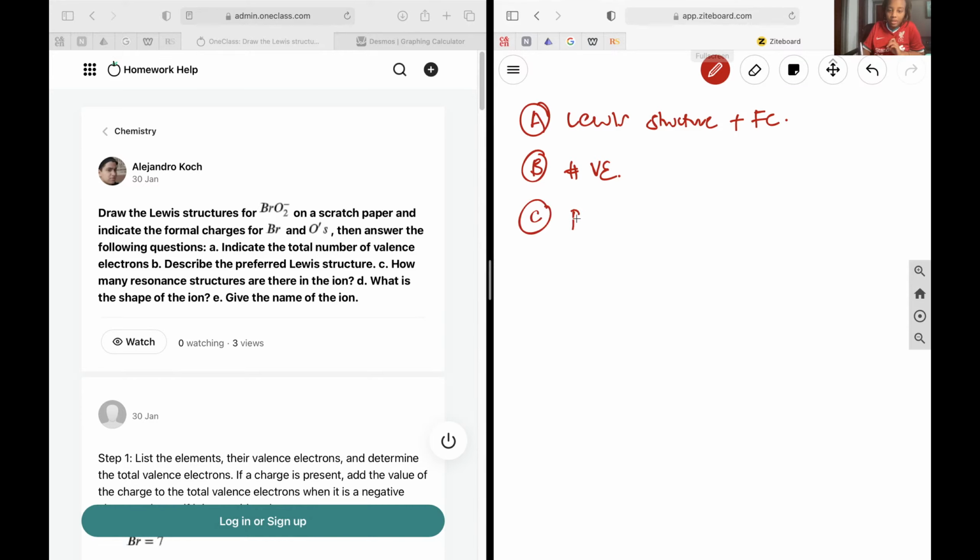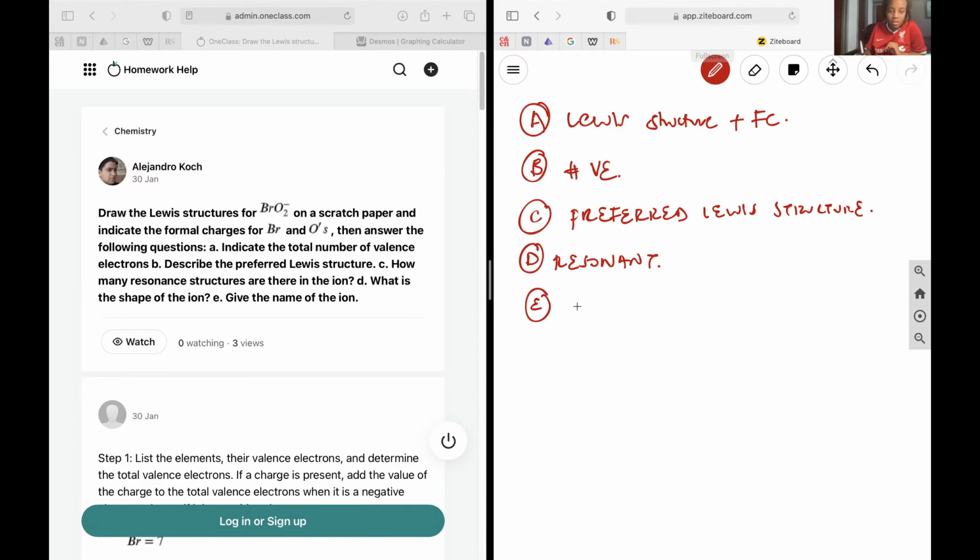For the third part, I would like to know my preferred Lewis structure. D, how many resonance structures do I have? So we'll talk about this a little bit.